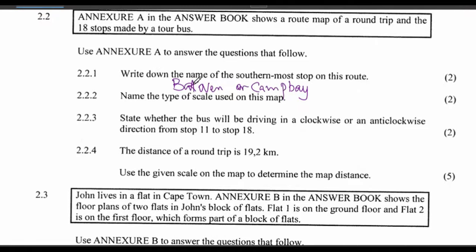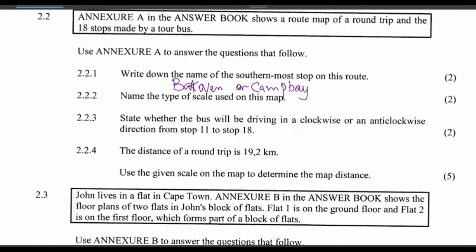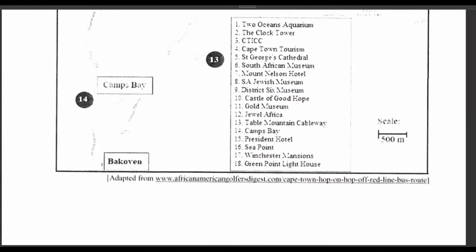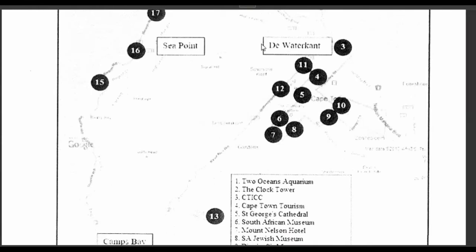Name the type of scale used on the map. This is a linear scale. They're asking you to state whether the bus will be driving in a clockwise or anti-clockwise direction from stop 11 to 18. So it's coming down.